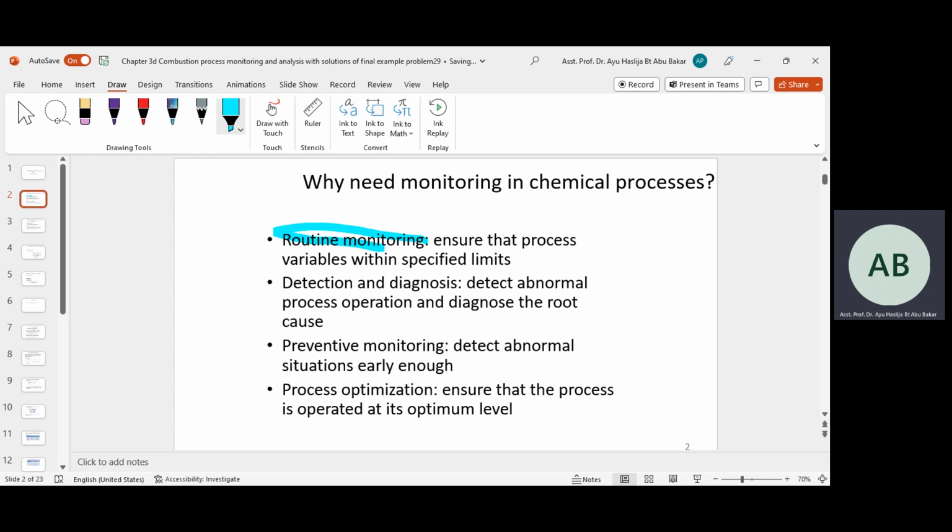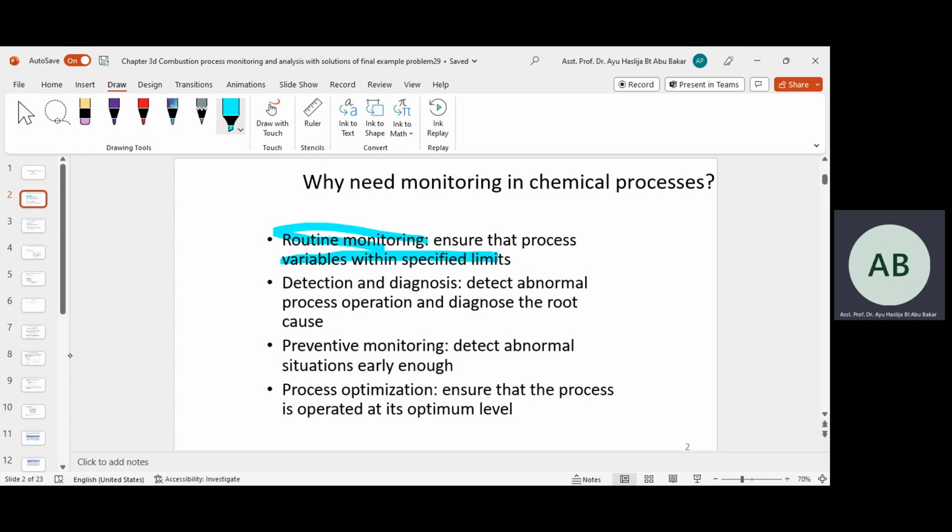Is there any hazardous pollutants released? Whether it is complete or incomplete. Ensure the process variables are within the specified limit. Means if CO is released, does it follow the standard or not? CO2 release, does it follow the standard?